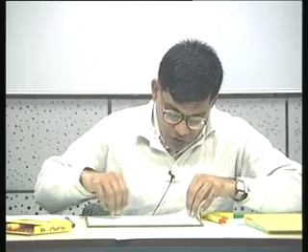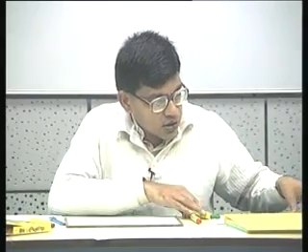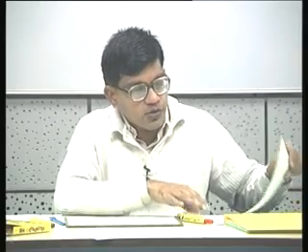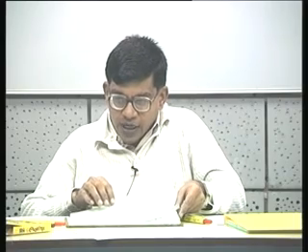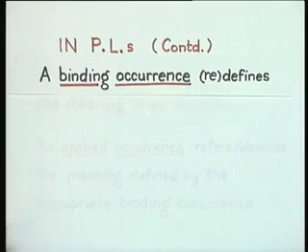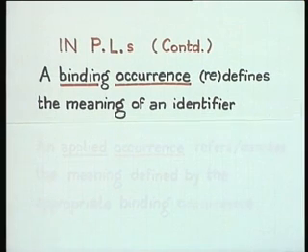So, now the most important reason for having binding occurrences is usually the introduction of names. But what are all the possibilities? A binding occurrence usually either defines by introduction or redefines an existing name. Names are identifiers.